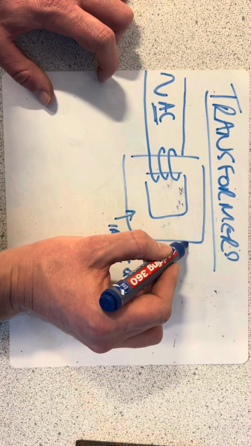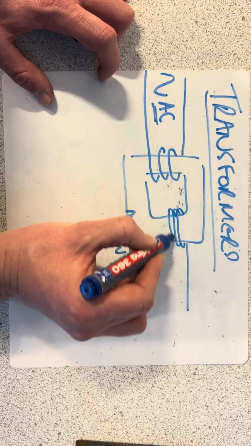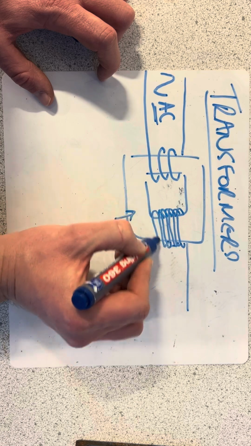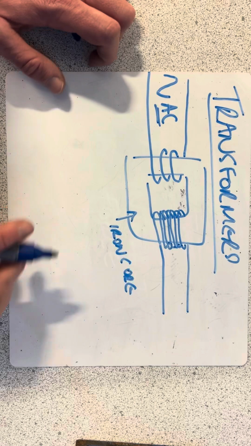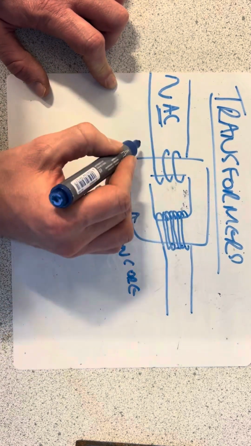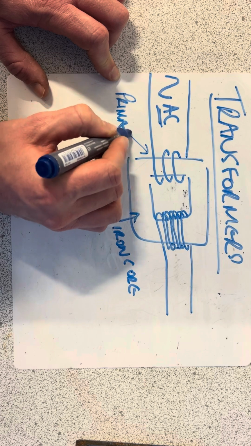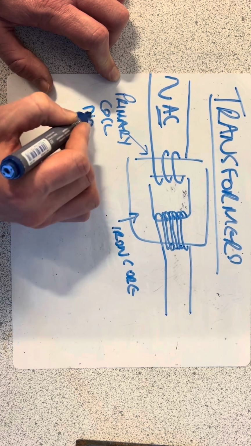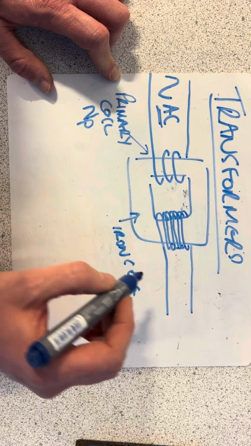Now on the output, I'm going to draw a few more coils. So that side that I've drawn now has got more turns on the coil. So this left-hand side, the input, we label as the primary coil. And that will have a number of turns, N, and we put a little subscript P to indicate that that's the primary coil.